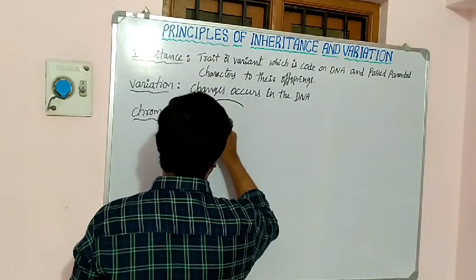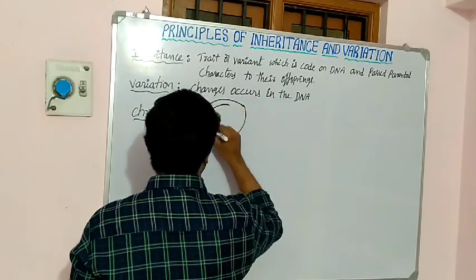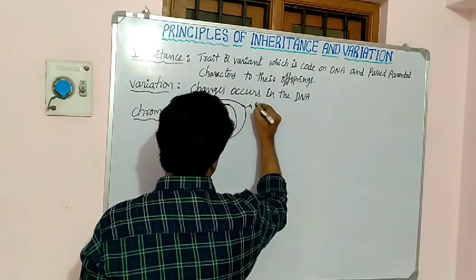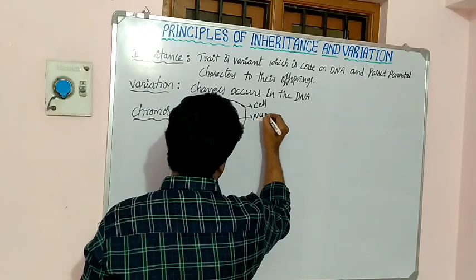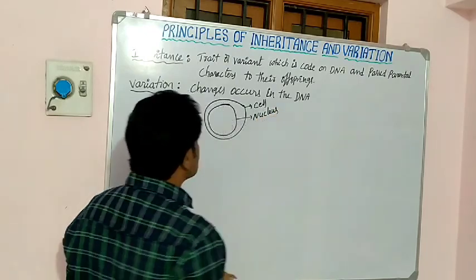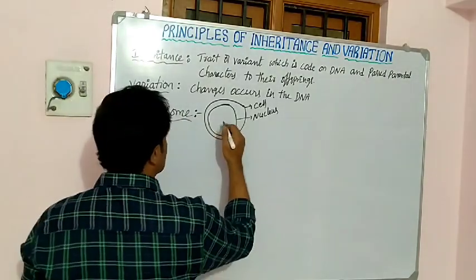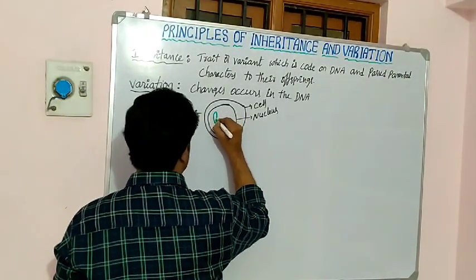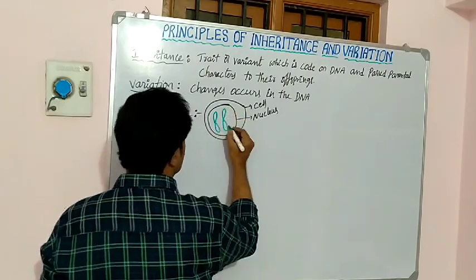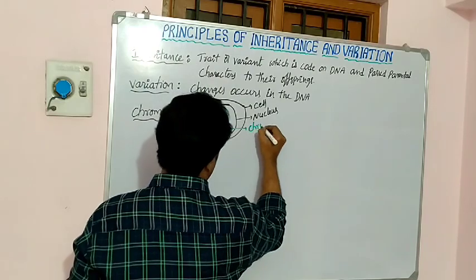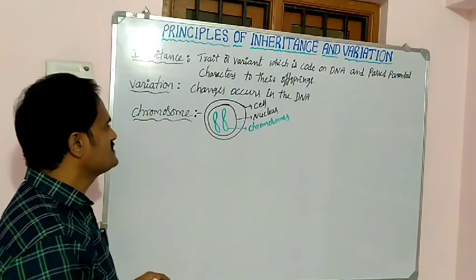Already you know the chromosome is present in the nucleus of the cell. See, suppose this is a cell. Inside the cell there is a nucleus, and inside the nucleus there are chromosomes, like here. See, these are called chromosomes.